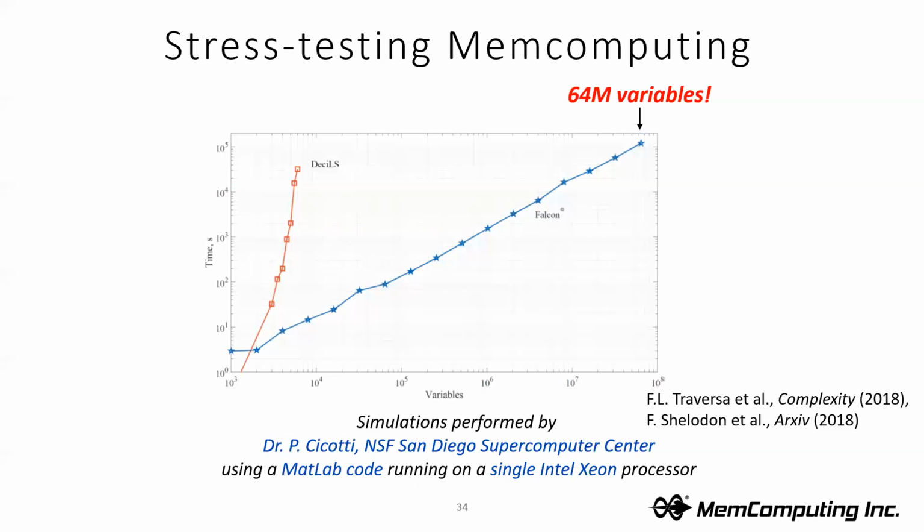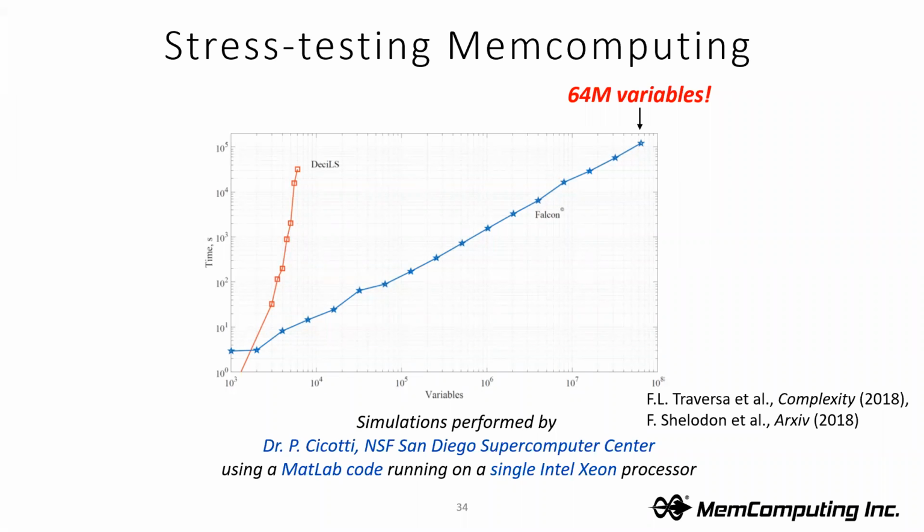For example, these are some preliminary results we obtained with the San Diego Supercomputing Center. We were solving some hard SAT problems, and we were comparing against one of the best solvers from the SAT competition, called DCLS, from 2016-17.